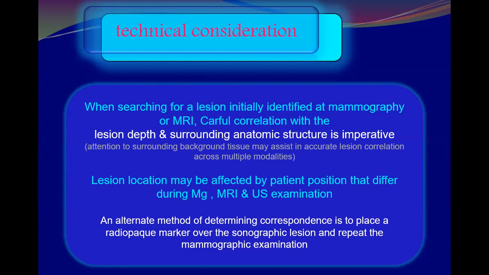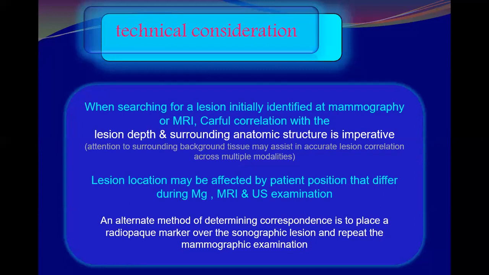But we have some concepts we have to consider while we are evaluating. We have to consider the depth, we have to consider the internal structure, and we have to keep in mind that we expect the lesion to move between different modalities.